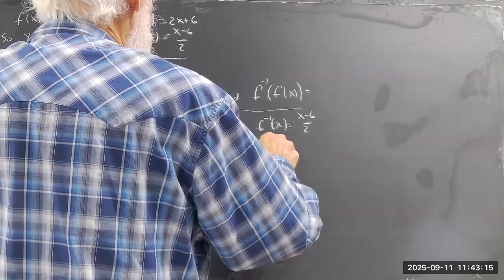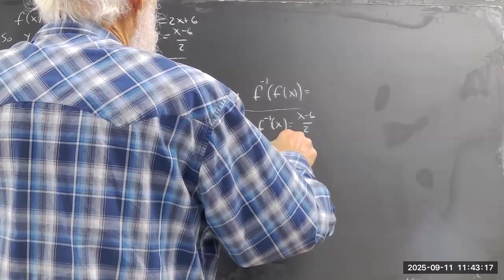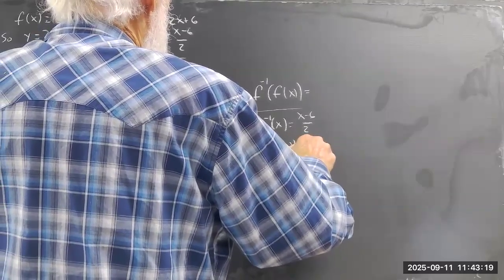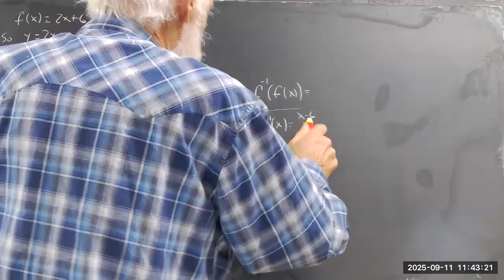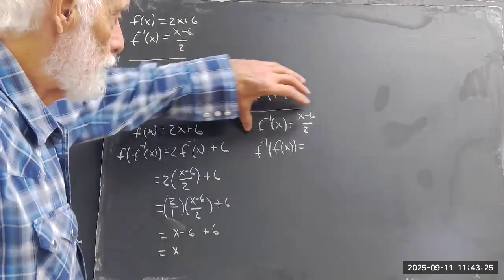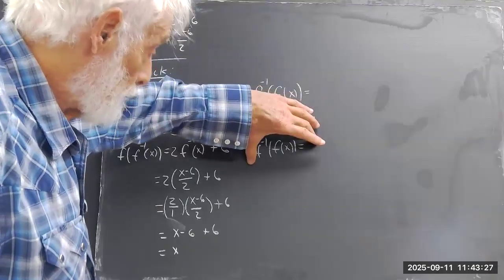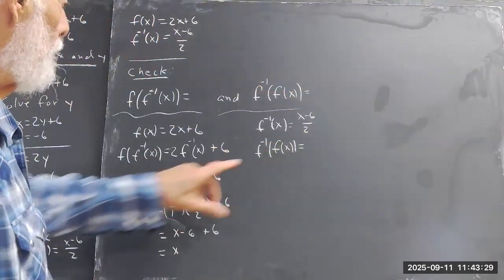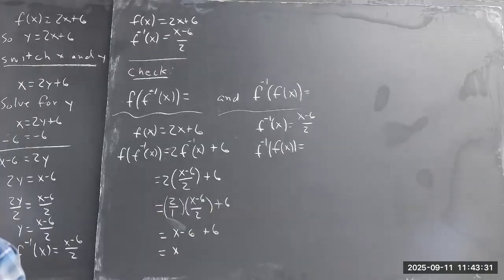So that f inverse of f of x would equal what? Write that out for me. Just write f of f inverse, write this and write this, and then tell me what this is equal to, just to see if you're getting it.